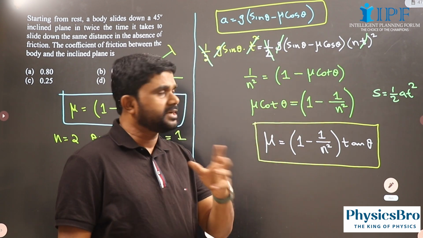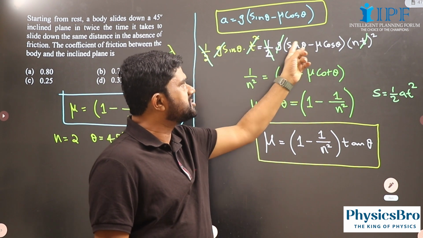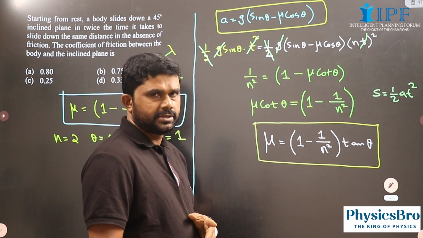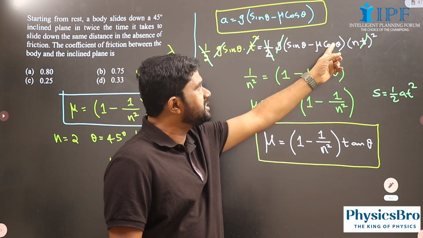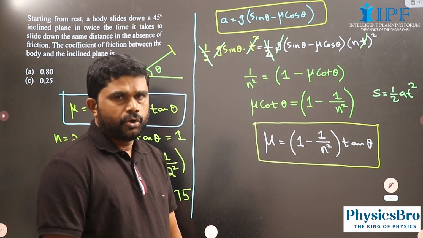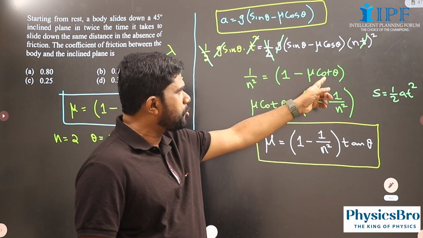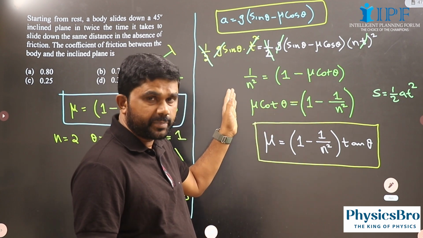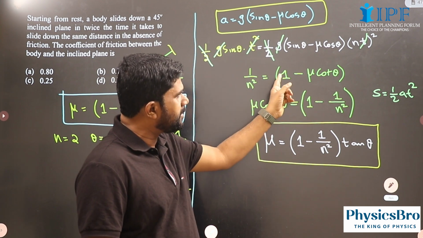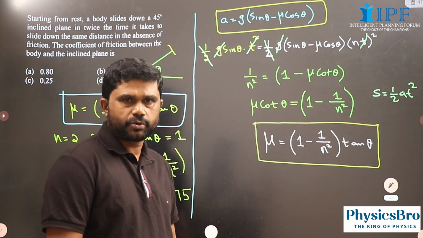That sin theta is common to both terms. In the first term, sin theta by sin theta will be 1. In the second term, mu cos theta by sin theta is cot theta, so it will be mu cot theta. Let me take this minus mu cot theta to the left, so it will become plus mu cot theta. And when this 1 by n square is taken to the right, it will become 1 minus 1 by n square.